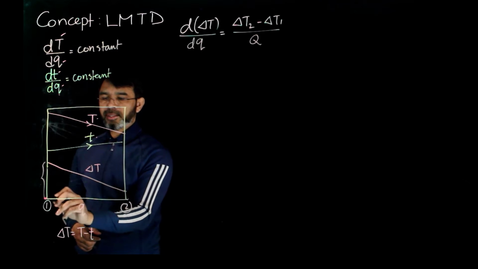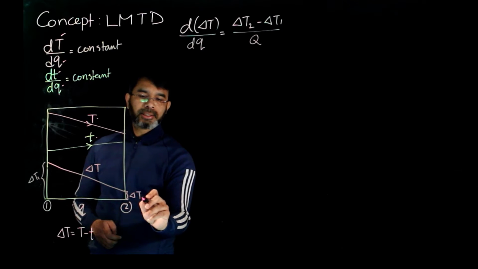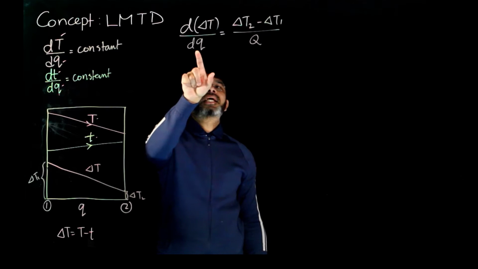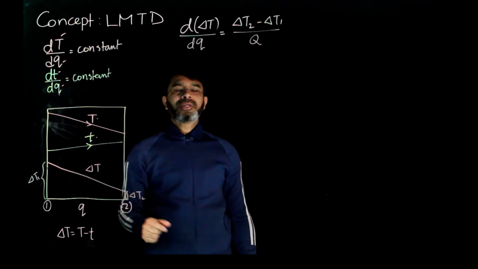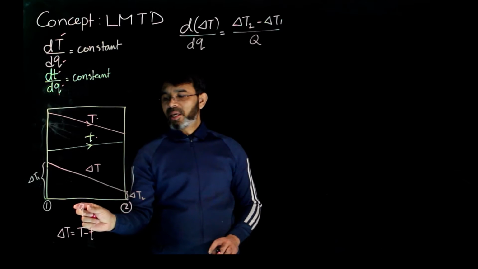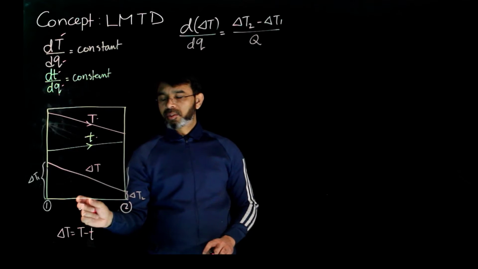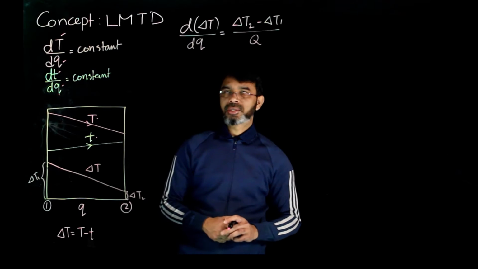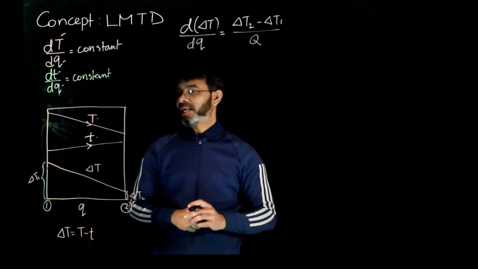So this one will define the delta T at end 1, and this one will define the delta T at end 2. Then the slope of the line, d delta T over dq, we can calculate from these 2 points, delta T2 and delta T1. If we take the total heat transfer to be capital Q, where small q is the cumulative heat transfer up to a certain point in the heat exchanger, then capital Q is the total heat transferred from end 1 to end 2.